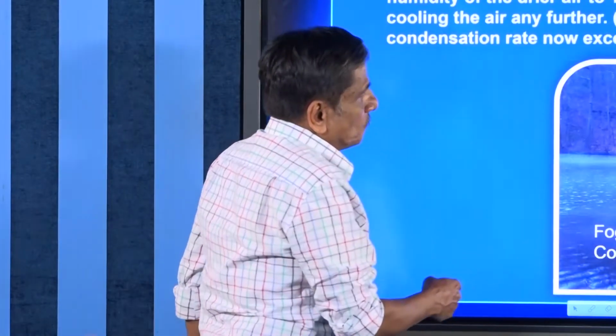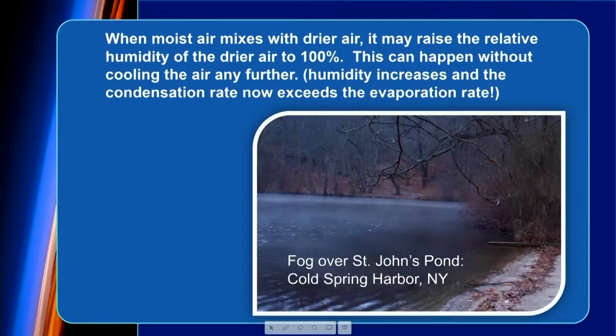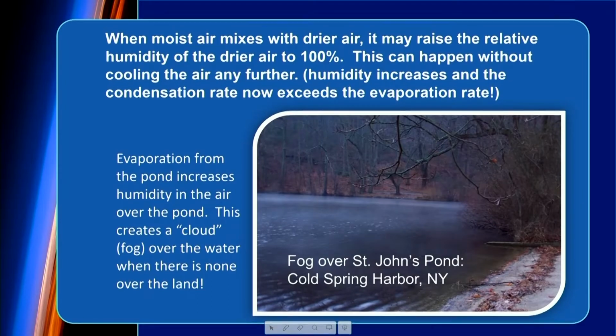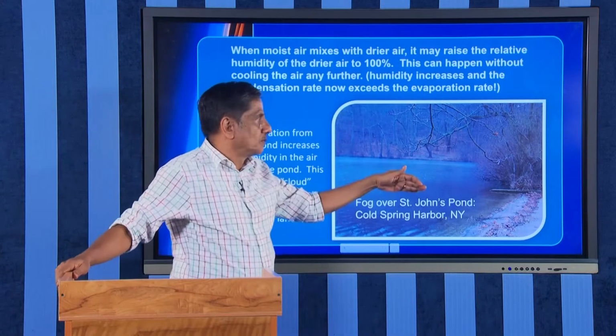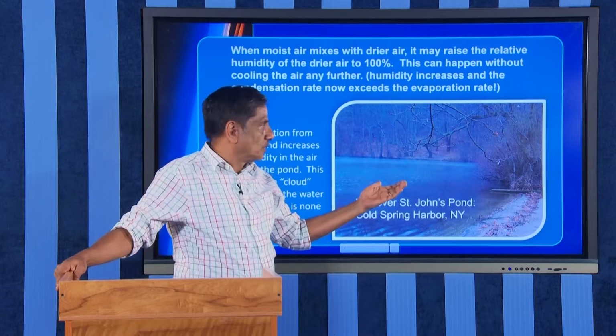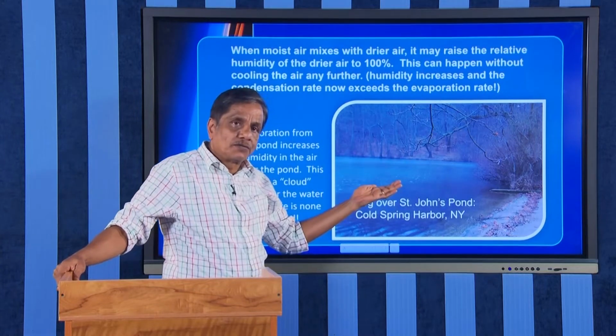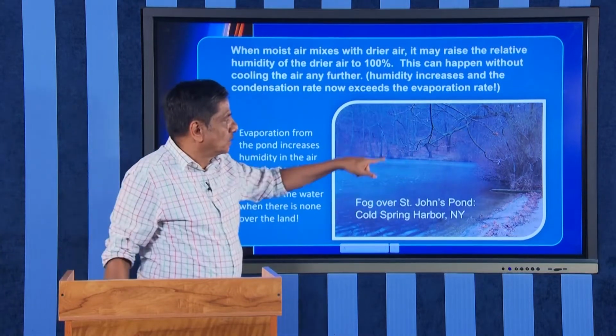Now, you can see this is a pond over which there is a haze, or a cloud produced by water vapor. When sunlight comes, the water evaporates at a faster rate, so that it can form a cloud.